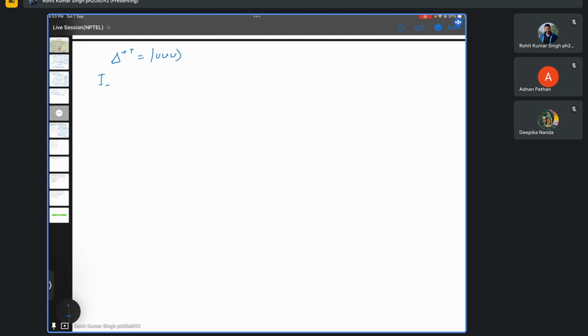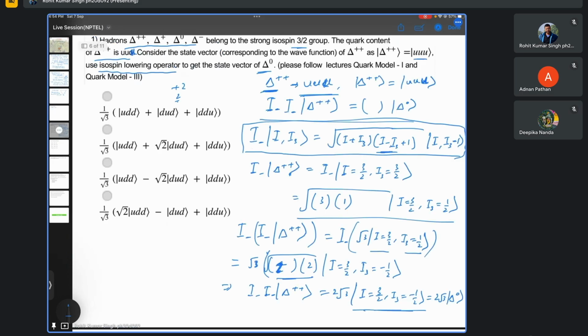Now applying the lowering operator on u means applying the lowering operator on all of them.